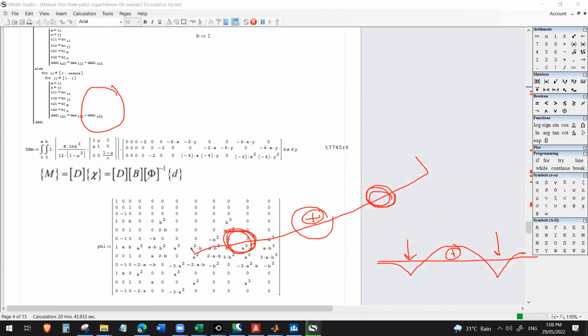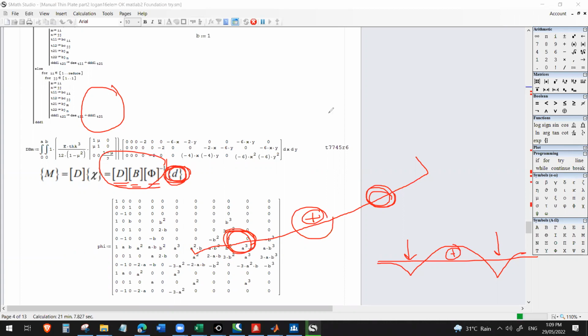Once you get the displacement, you just bring back the constant D matrix, the B matrix, then a constant phi inverse matrix. We already got all of these earlier. We just put back the displacement of the plate.